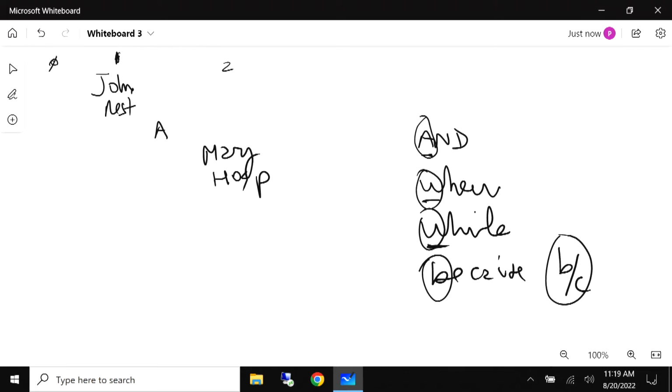So I can say, for example, John works in a restaurant, Mary works in a hospital. John is 21 while Mary is 23. And that W refers to a connecting link or a connecting clause, which could be when or while. Obviously, it could be John is 21 when Mary is 23. It's possible, but most likely this will be while.